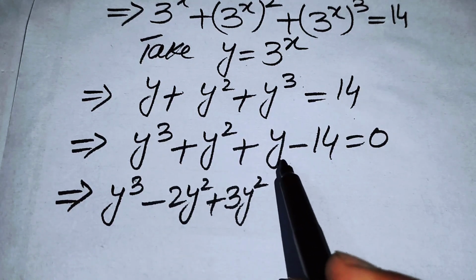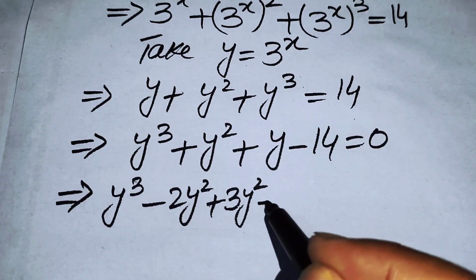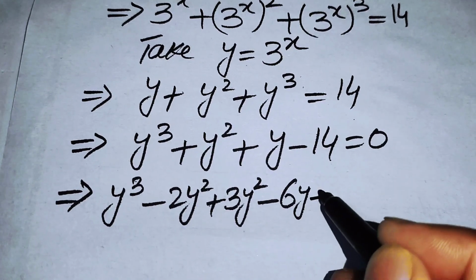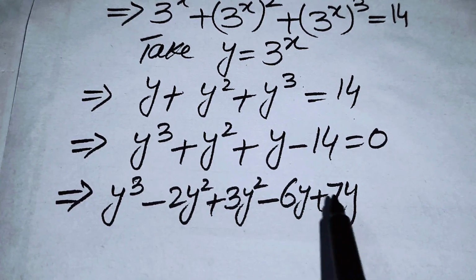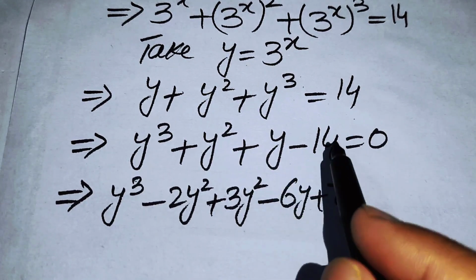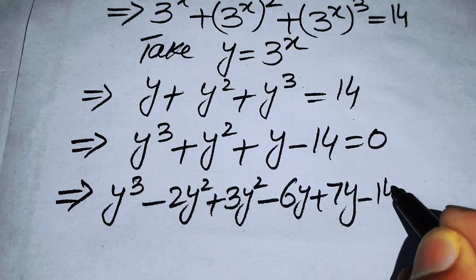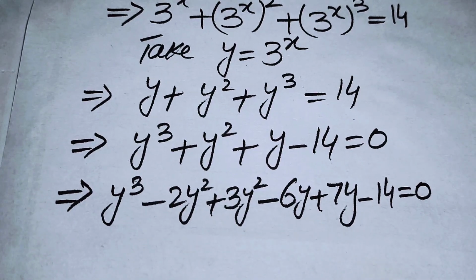Similarly here you have plus y and we write it as minus 6y plus 7y. Minus 6y plus 7y is equal to plus y, and here you have minus 14 is equal to 0.